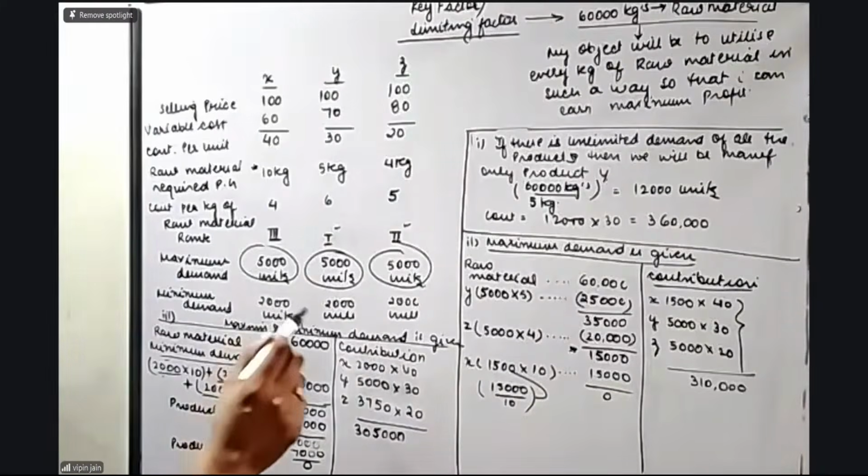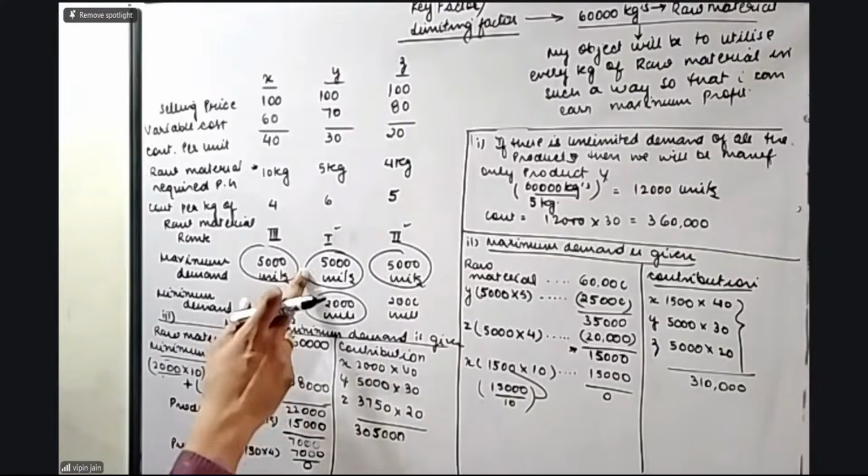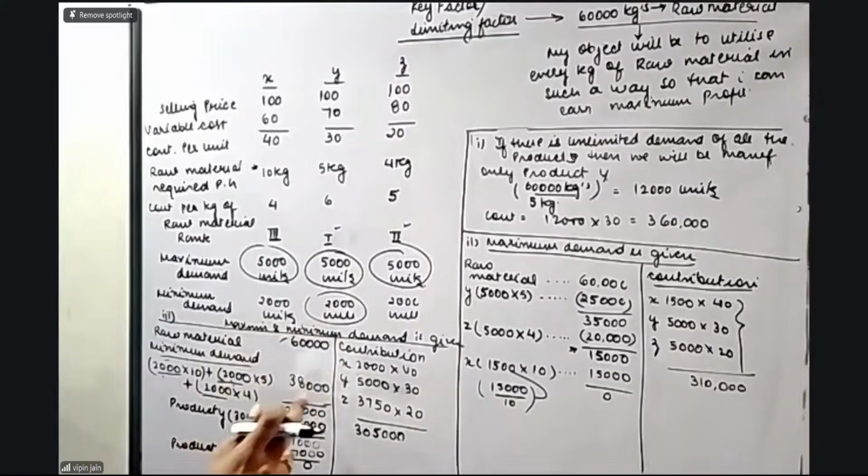So 2,000 units are already manufactured out of 5,000 here. At the most we can manufacture only 5,000, say 2,000 we have already manufactured. So only 3,000 units can be manufactured, right, Mehak? Yes, sir. Perfect.